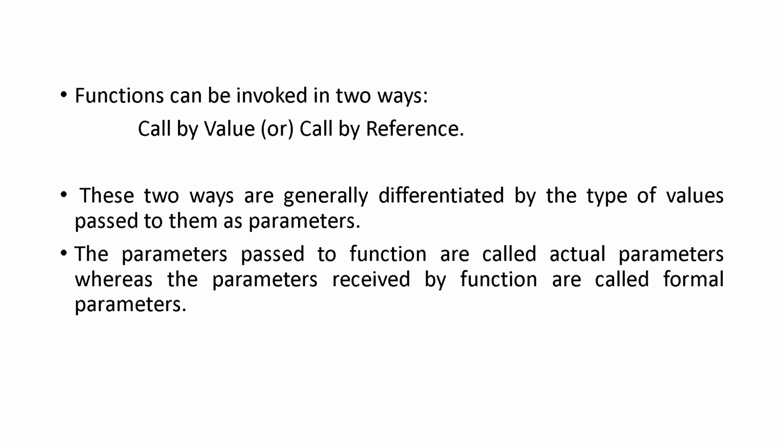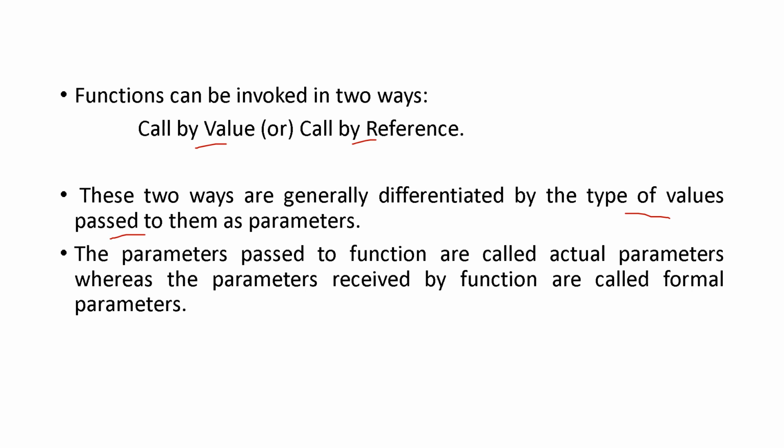Functions can be invoked using call by value and call by reference. Two ways it can be invoked. These two ways are generally differentiated by the type of values passed to them as parameters. So based on the type of values passed to them, two types of functions can be there: call by value and call by reference.